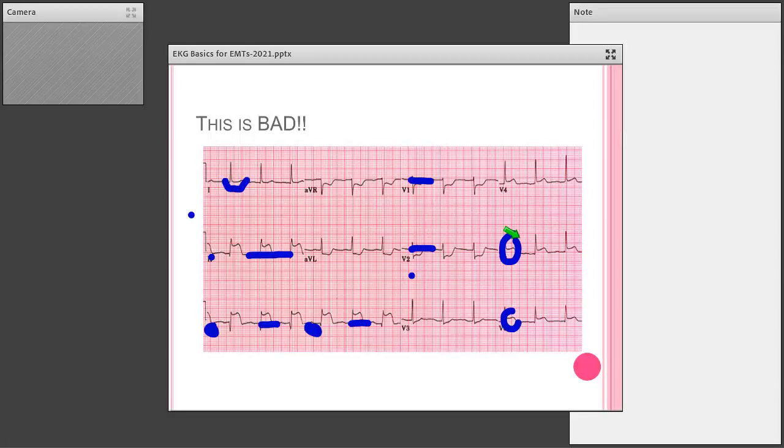This fella, or lady, I don't know which, needs some aspirin, assuming it's not contraindicated, potentially needs oxygen, assuming she's not at 100%, or we don't want her to be at 100%. We want her at 94 to 96. She needs, or he needs, IV access, ideally 2 large bore IVs, and needs to get to the hospital sooner rather than later. A hospital with a cath lab would be the appropriate place.